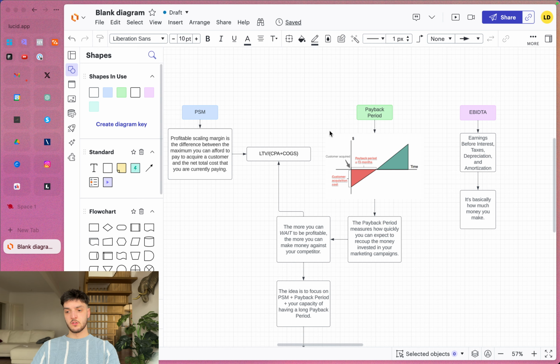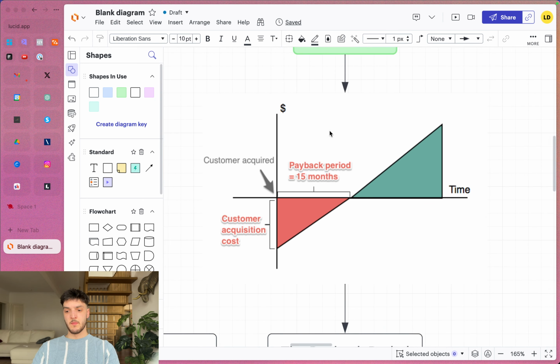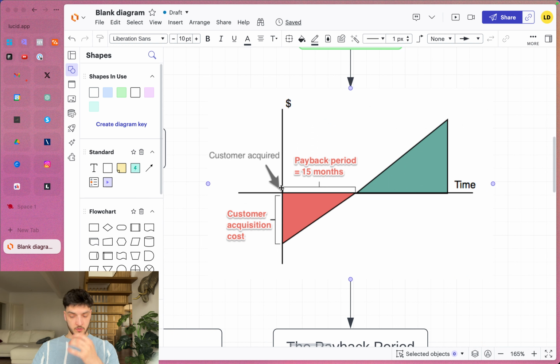You also need to understand what the payback period is. So I'll show you here with a little image. When you acquire a customer, let's say you're acquiring the customer for $100, but the first order is only $50.